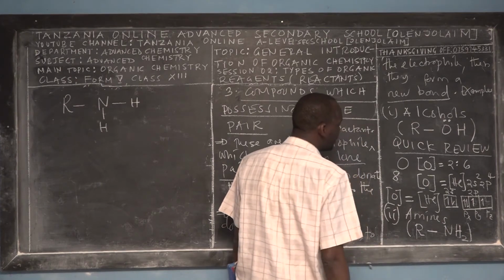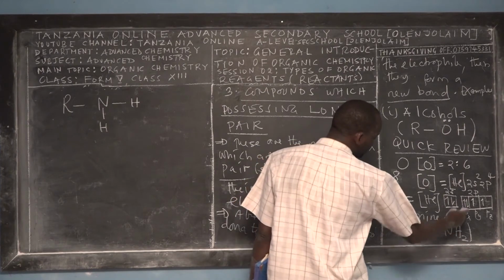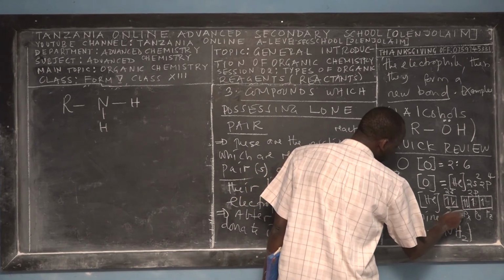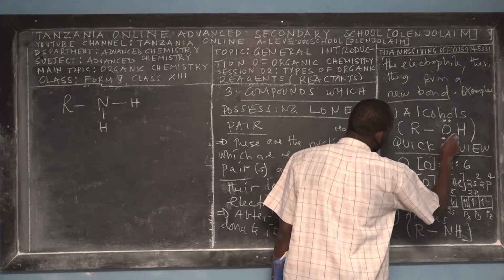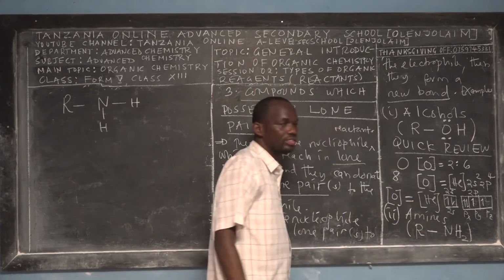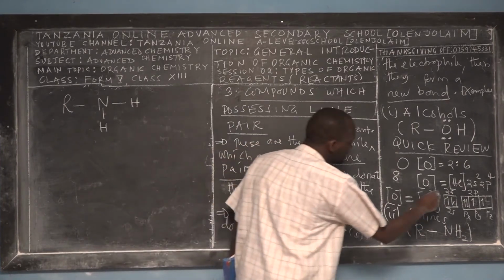For oxygen, for instance, it has 2 lone pairs. The first one is in 2p and the second one is 2s. So it has 2 lone pairs, because these are the valence shell.